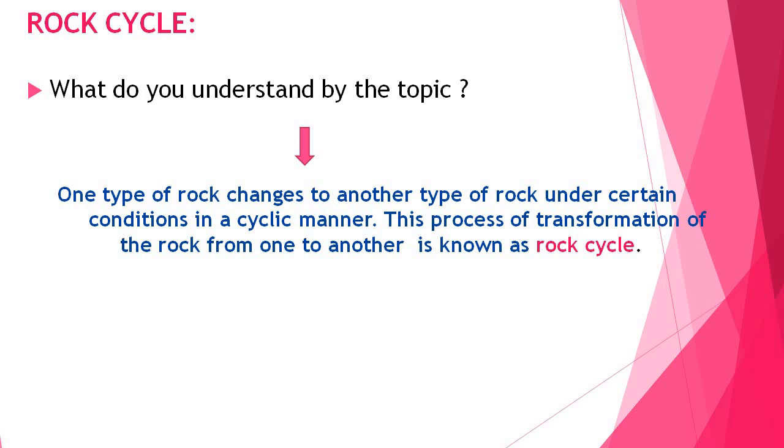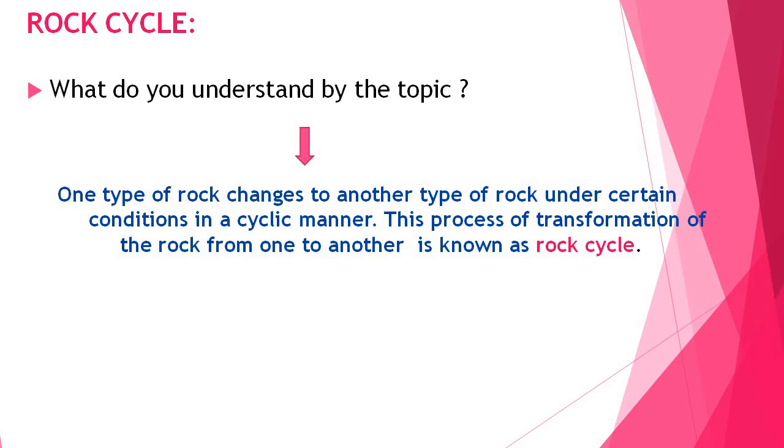Because from igneous rock, the other two rocks are formed, the sedimentary rocks and the metamorphic rock. So under what process? Under the process of rock cycle. Because when the igneous rock changes its form into sedimentary rock, then into metamorphic rock, then again metamorphic rock becomes the igneous rock. So the process of transformation of rock from one to another is known as rock cycle.